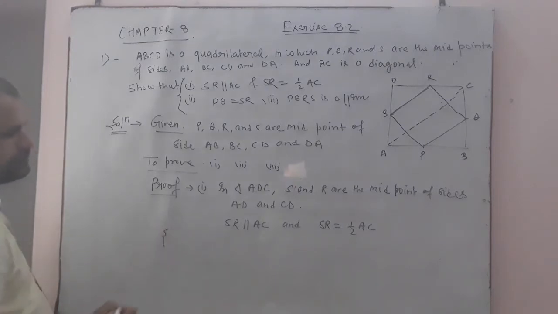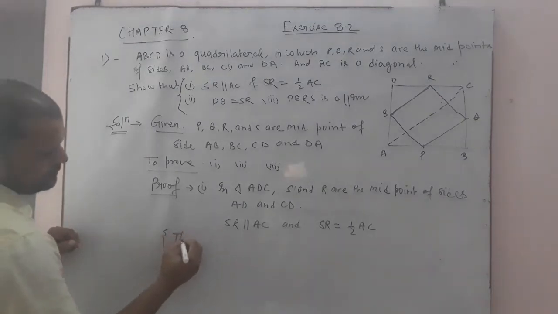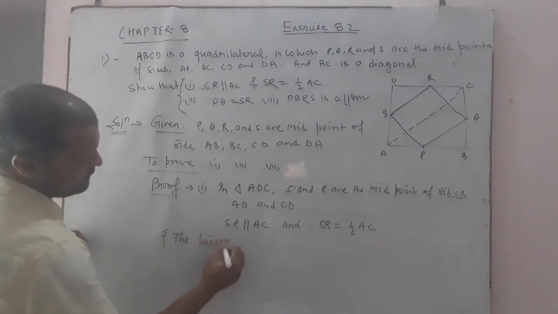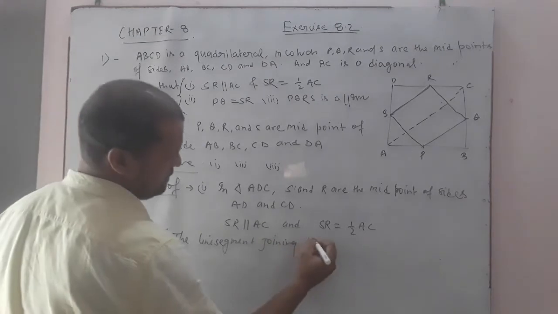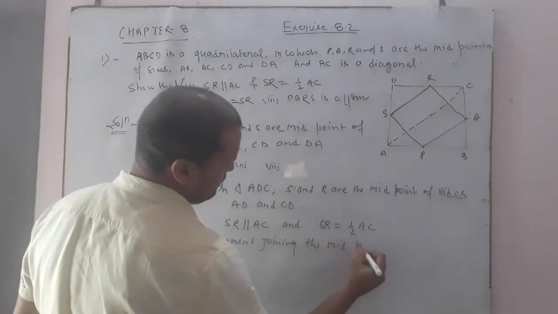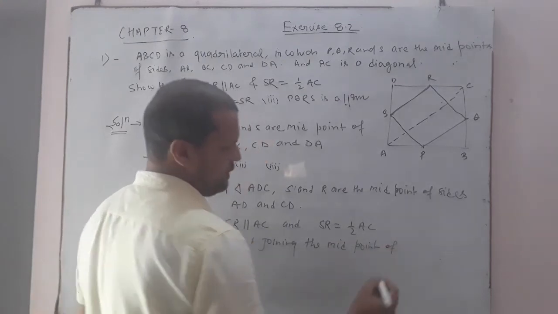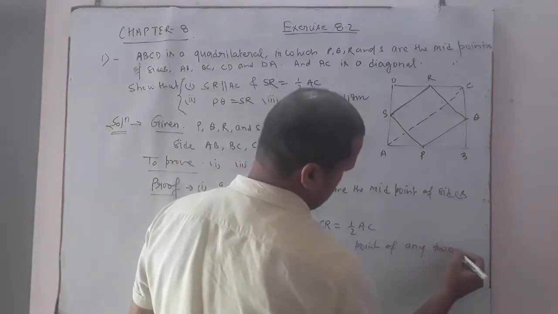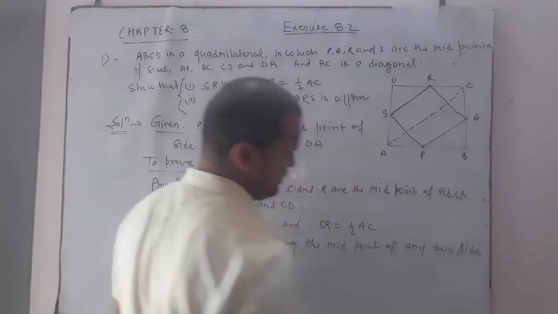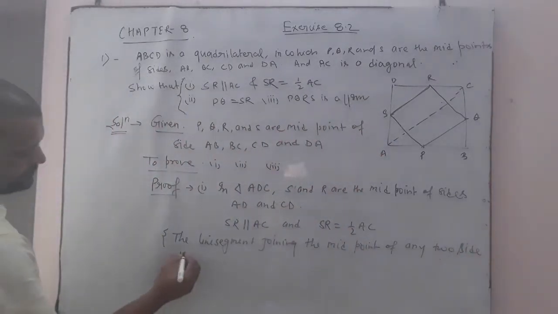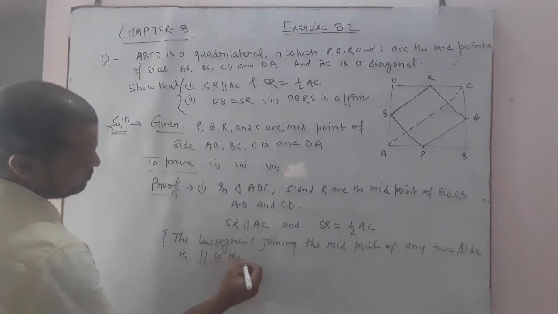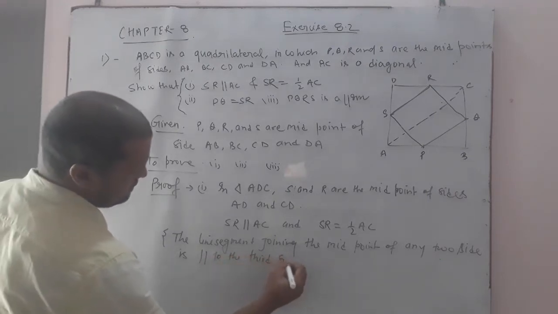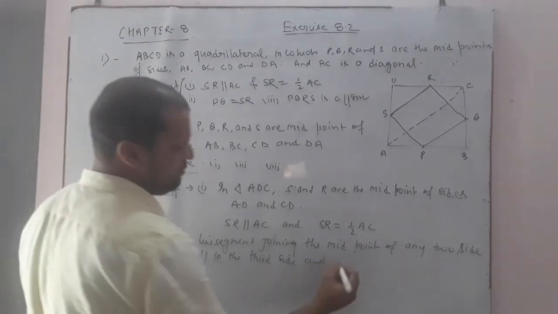What will be the reason? The line segment joining the midpoints of any two sides is parallel to the third side and half of it.